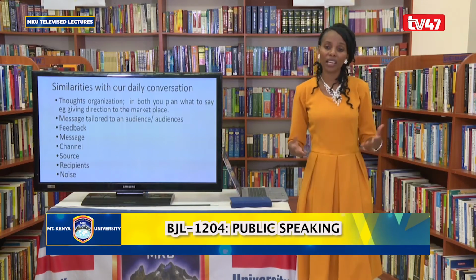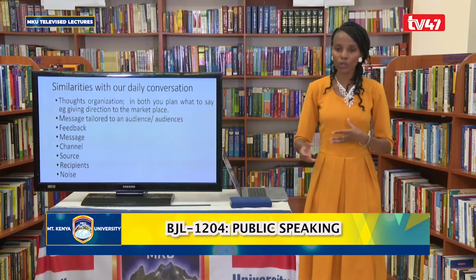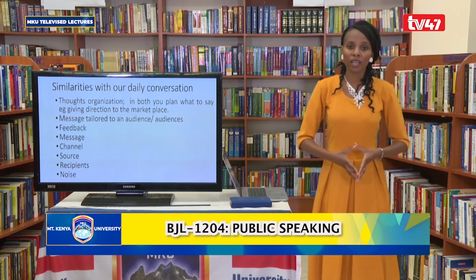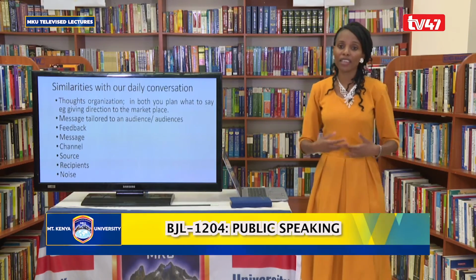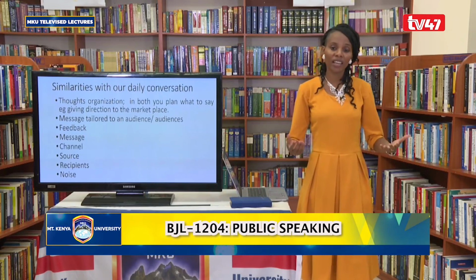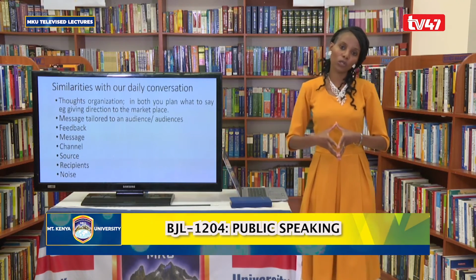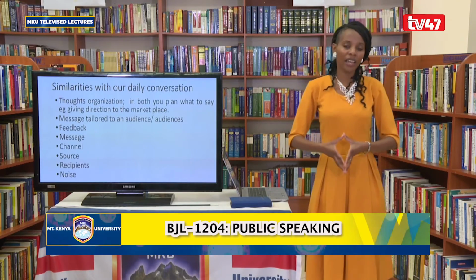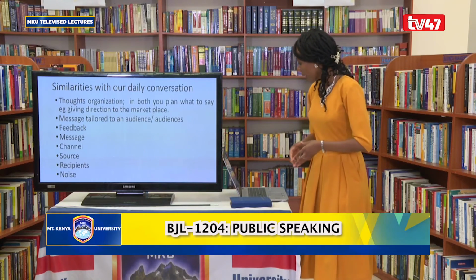There can also be internal noise, even in daily conversations or public speaking. People have a negative attitude towards the speaker, or they are in distress, or they are fatigued. These are just some examples of internal noise that can act as interference. And noise can apply to both daily conversations and public speaking.